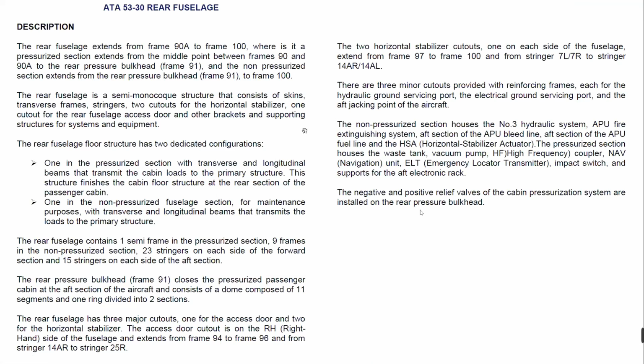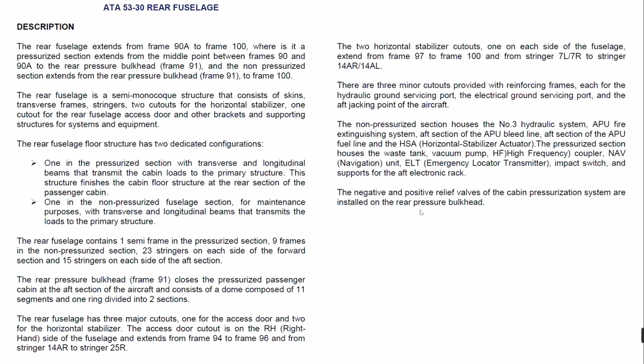So again, here we have specifics. The rear fuselage extends from frame 90 alpha to frame 100, which is the pressurized section between 90 and 90 alpha. Now I will show you. A non-pressurized section is from frame 90 alpha, 91 to section 100.